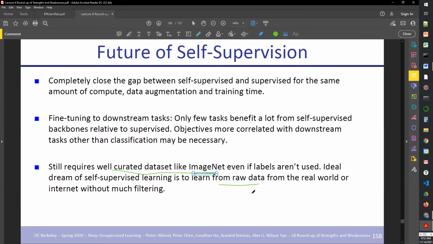Just pick up any images you find on the internet, say Google Photos that people have stored, without any filtering, learn from it, and be able to do all the downstream tasks. That's the dream, at least in the image world. And then you can extrapolate it to all the videos on YouTube and all the pictures on Instagram and so on.